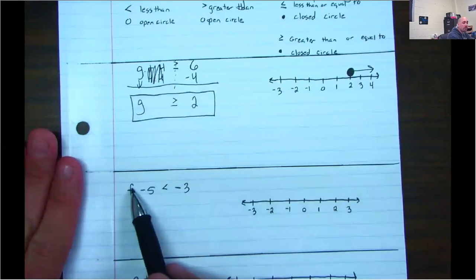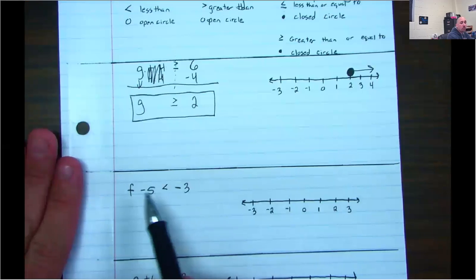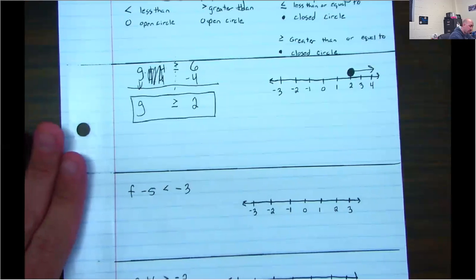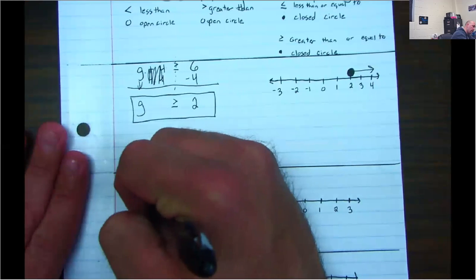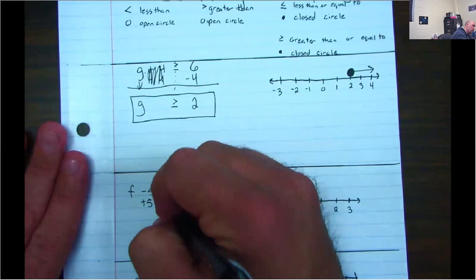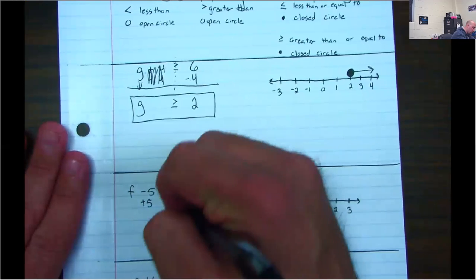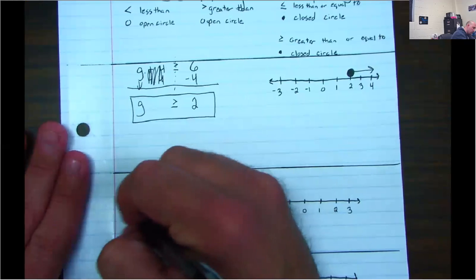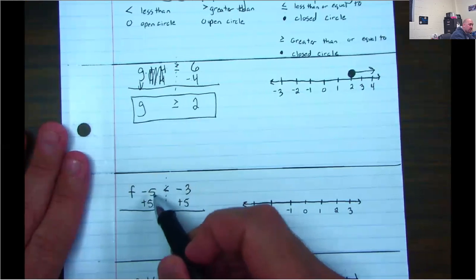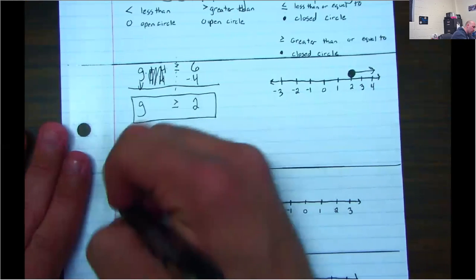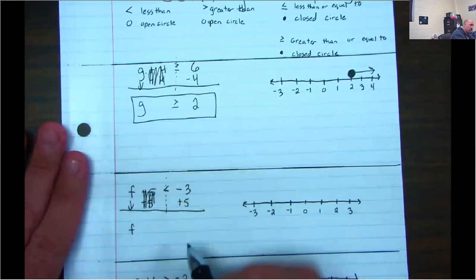All right, solving for f. What's on the same side as the f? The minus 5. What is the inverse of subtracting 5? Adding 5. Again, what you do to one side, do to the other. 5 minus 5 zeroes out. Bring down the f.